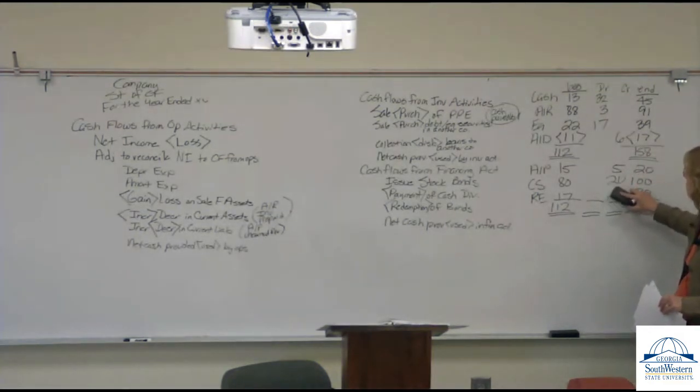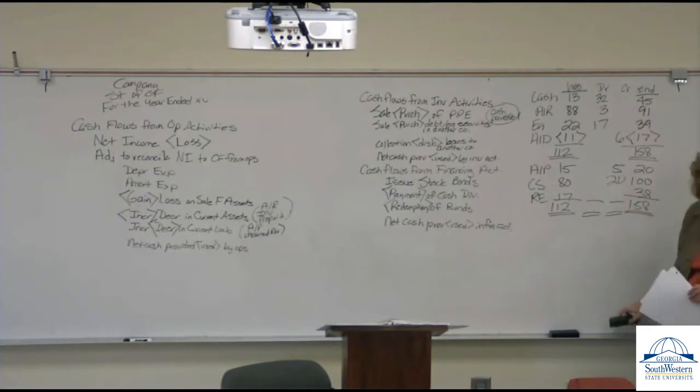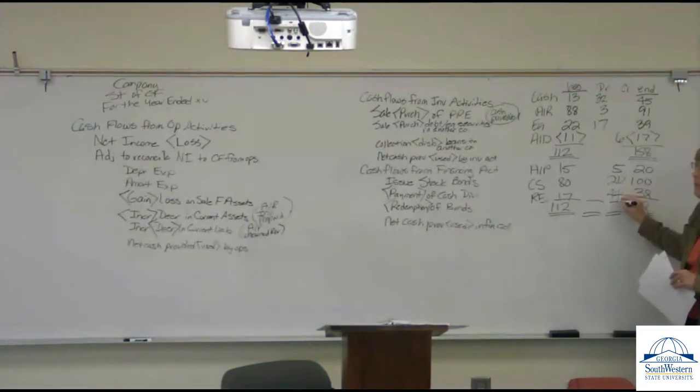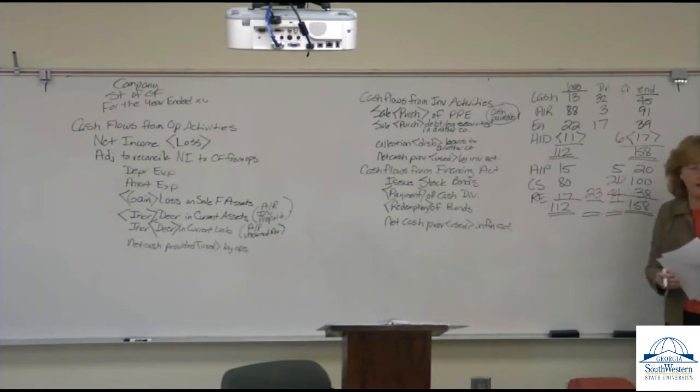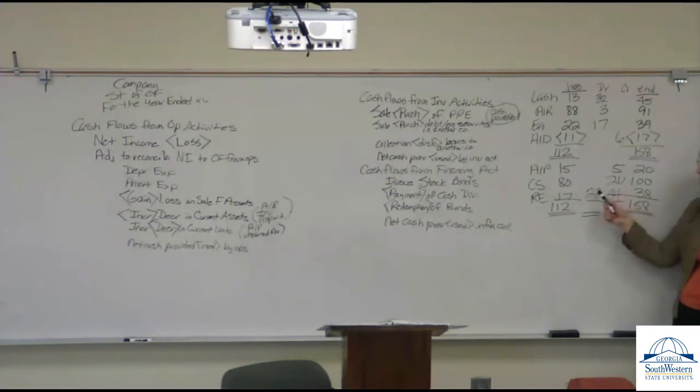So this is really how retained earnings got that way, right? Our net income is a credit increase to retained earnings, and our dividends are a decrease to retained earnings. Okay, so 17 plus 44 minus 23 equals 38.